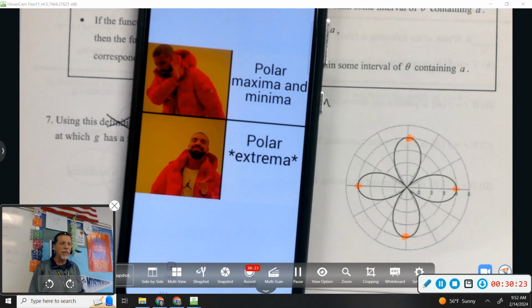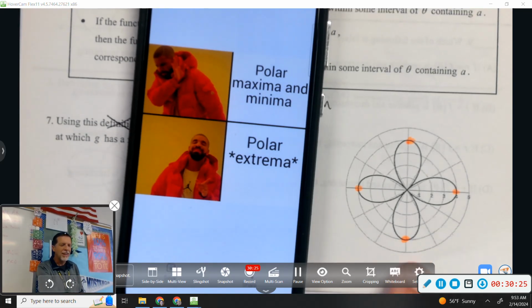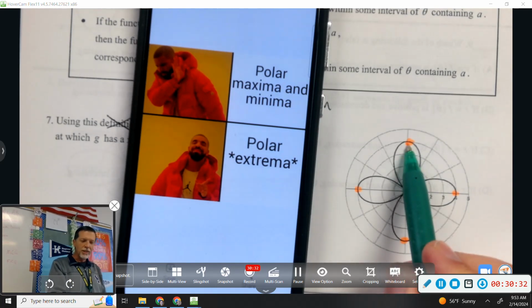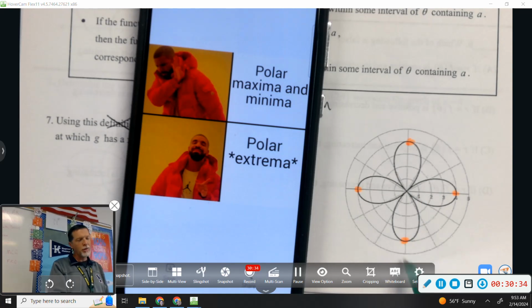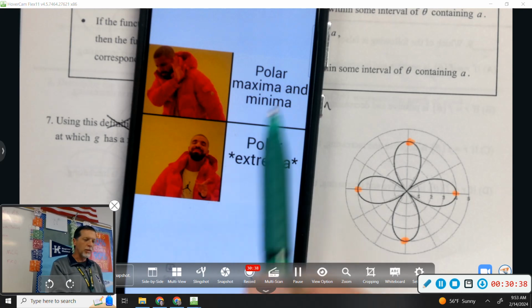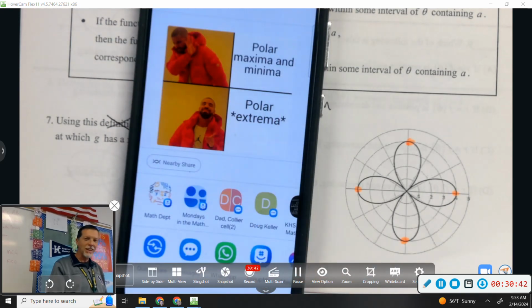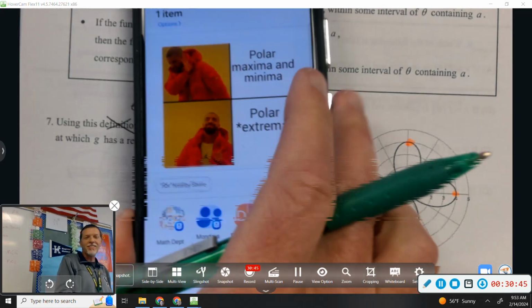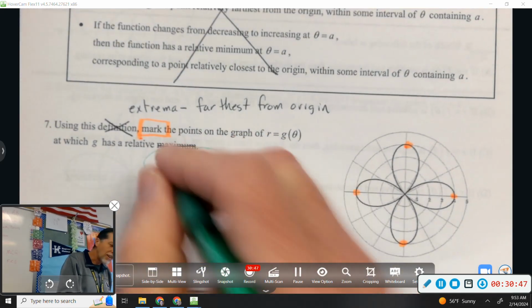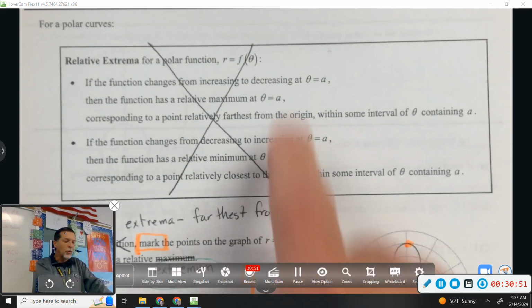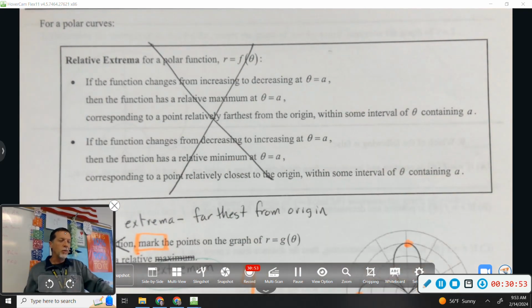Does that make sense? Because unless you know the equation, you don't know if this point is a -4, pi/2, or if it's +4, 3 pi/2. The good news is we're not going to have to worry about it, because we're going to give up the maximum and minimum, and instead just go with extrema. The trick is, College Board tries to split the difference and it doesn't work. So throw that out.